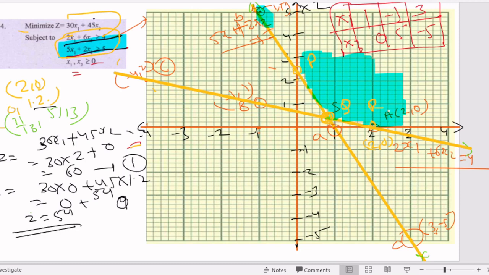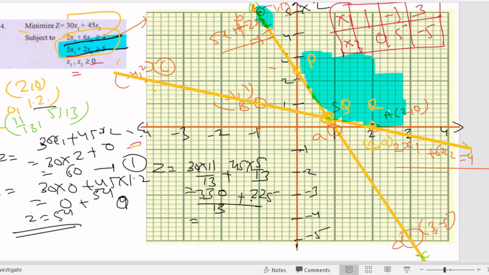The last point is remaining. Which one? 11 by 13. Let's do that also. So z is equal to 30 times 11 by 13 plus 45 times 5 by 13. After solving, 13 is common, so I will take it in the denominator. The numerator will be 30 into 11, 330, and 45 into 5, 225.